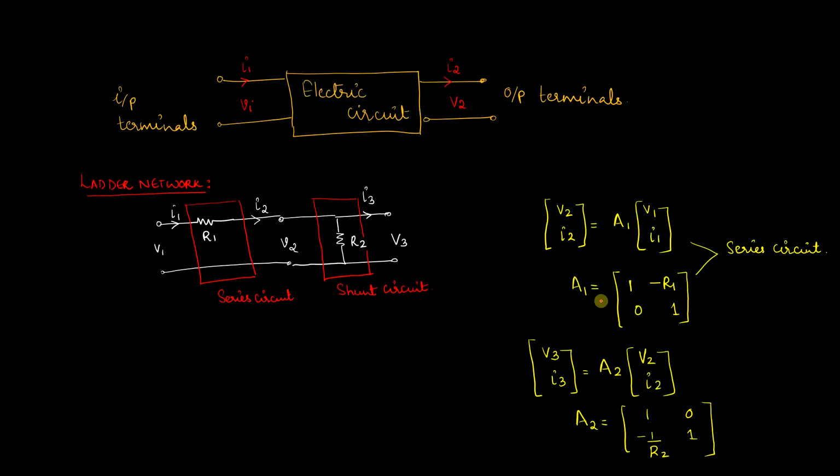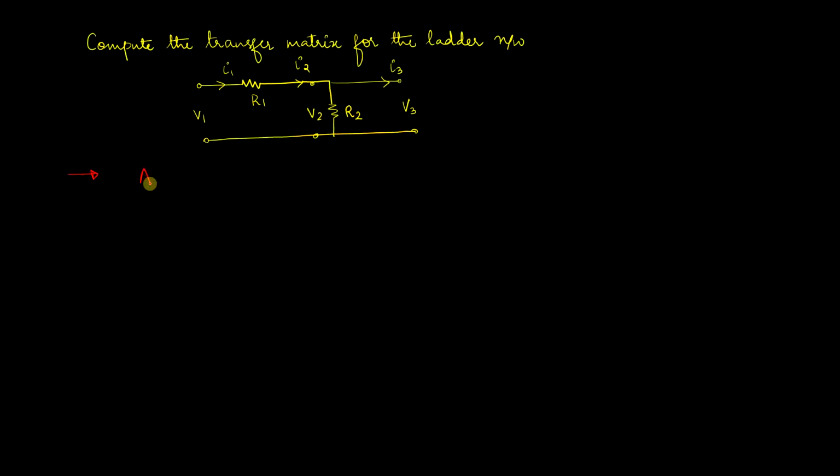Previously we have seen how we can obtain the transfer matrices for the series circuit and for the shunt circuit. Let us combine these together and see how we can obtain the transfer matrix for the ladder network. So we have A1, corresponding to the series circuit, as [1, minus R1; 0, 1].